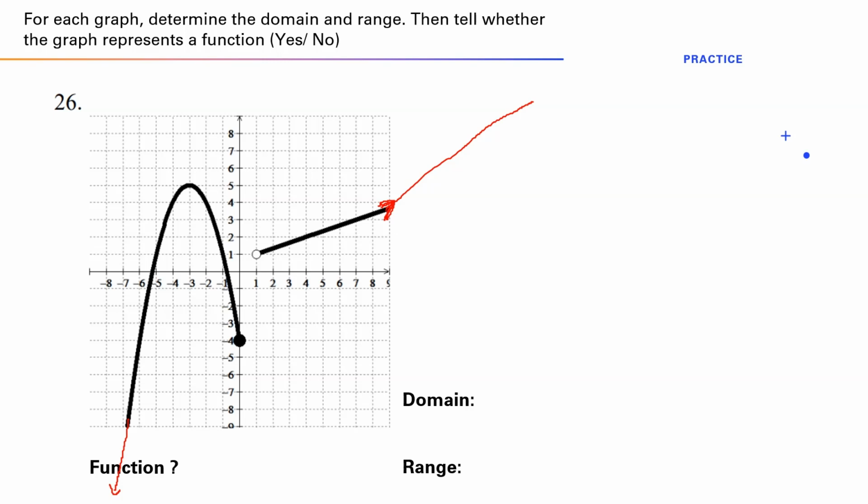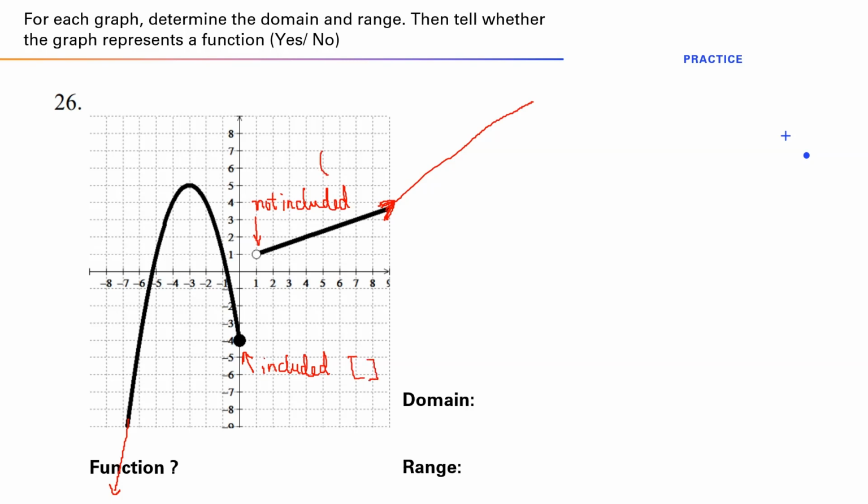When you see an empty dot like that, it means the point is not included. If it's a solid, filled dot like that, it is included. When it's included, we use a bracket.